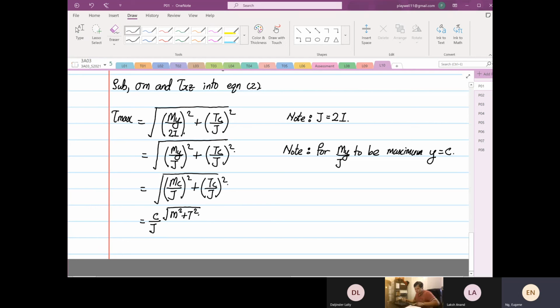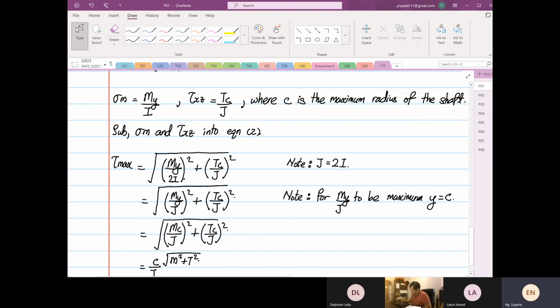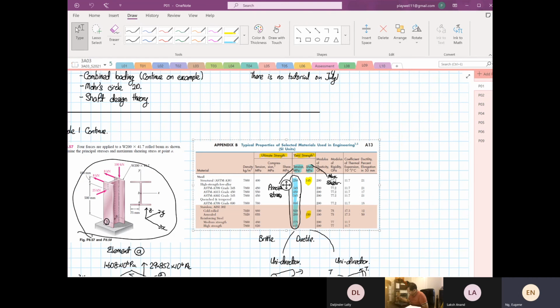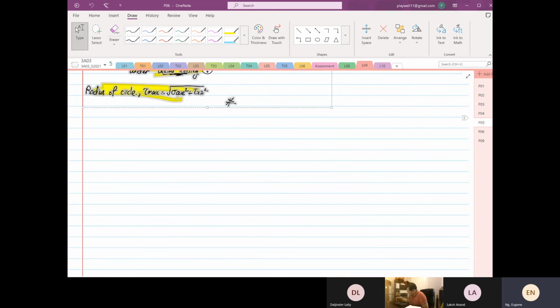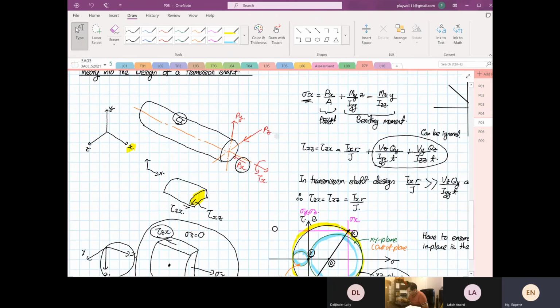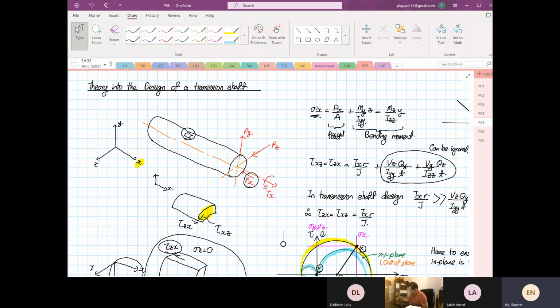Note, based on the transformation we have used, if you look at the previous diagram where we drew our shaft, we have moment in the y and moment in the z, and the torque is in the x. I'm going to copy this diagram across.